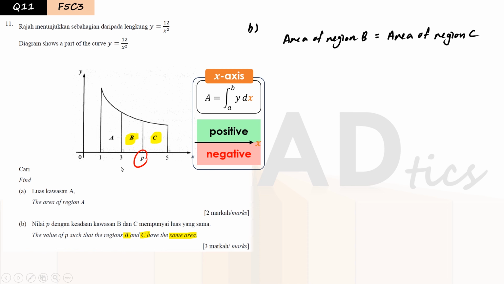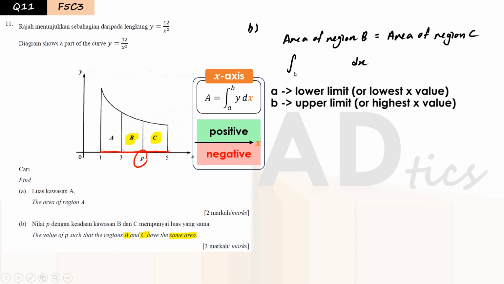Which way? Actually, we can just use the x-axis way because these three regions are bounded by the x-axis. So we are going to use the x-axis way for region B and C. Alright, let's look at this one. First thing first, let's put the integral at the front and dx at the back. dx is because we are using the x-axis way.